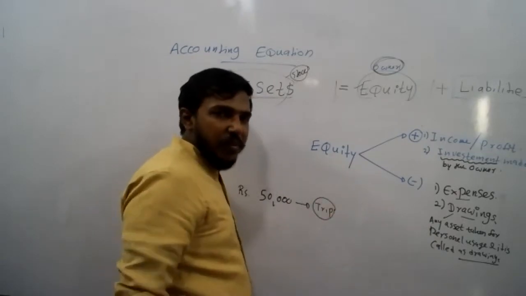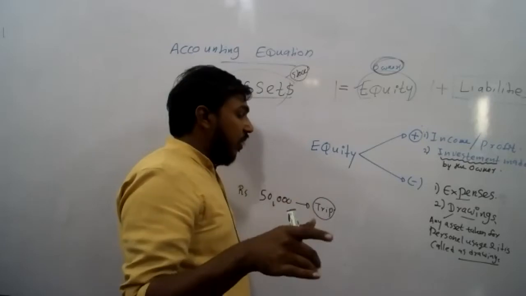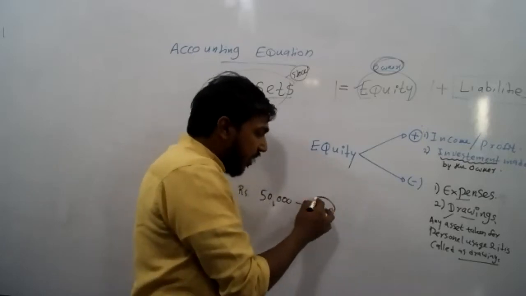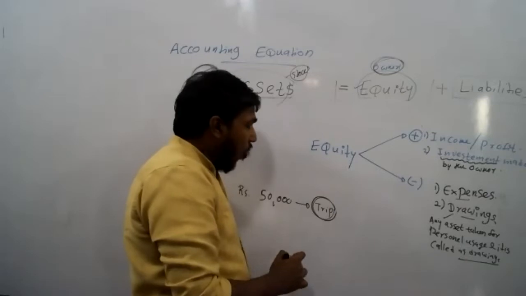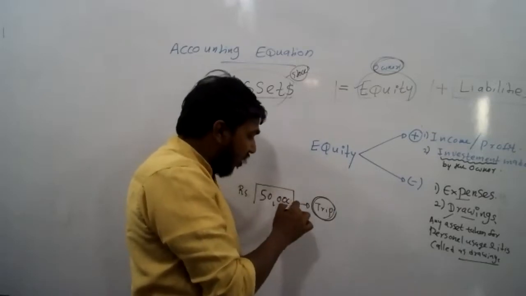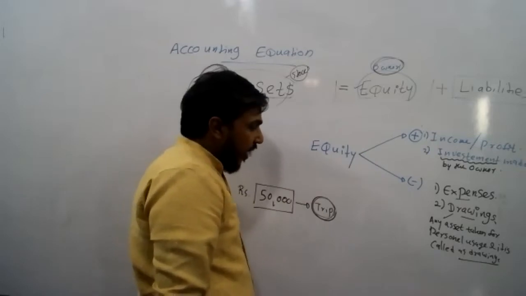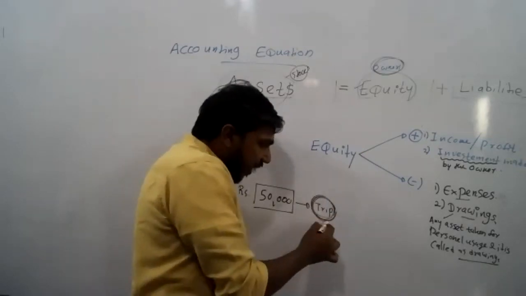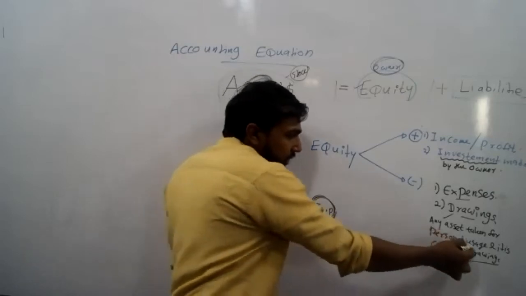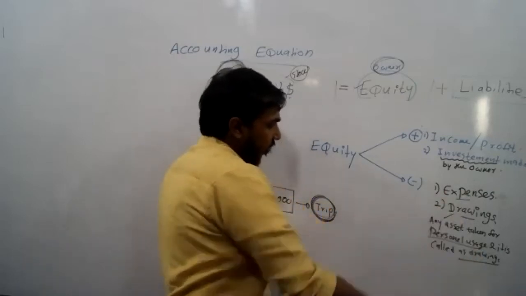Business was there, employees were there. Owner went for a trip. So this is a personal trip. Owner can't use the business resources for his personal usage. Clear? If any business asset has been used for personal usage, it's a drawing.